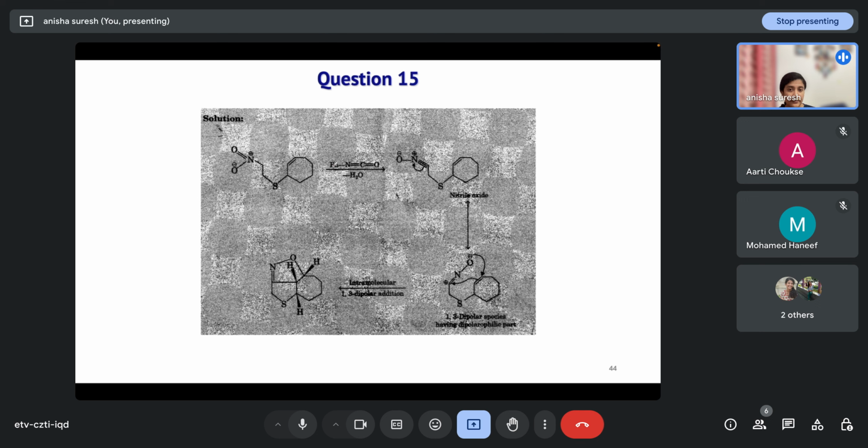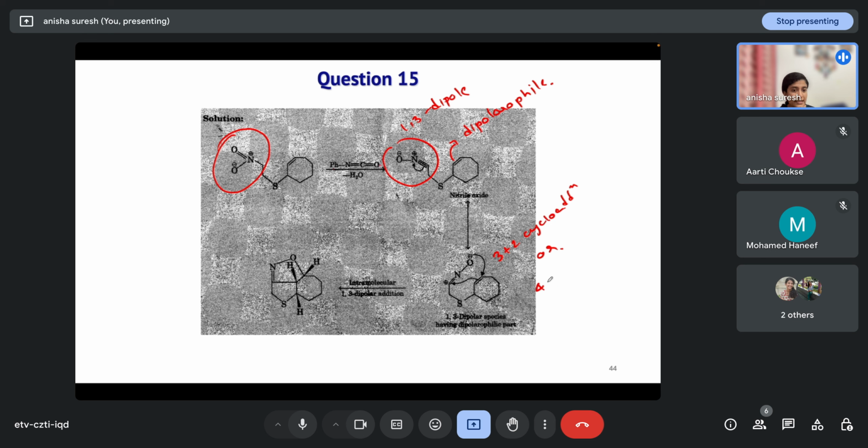Upon reaction with phenyl isocyanate, this nitroalkane will be converted into nitrile oxide. So this is a 1,3 dipole and this is the dipolarophile. Okay. Now it will undergo a 3 plus 2 cycloaddition with respect to number of atoms.